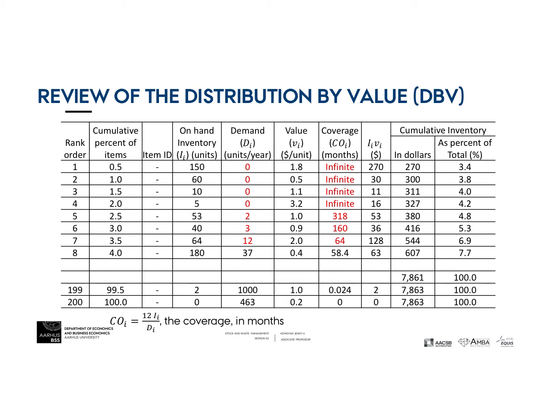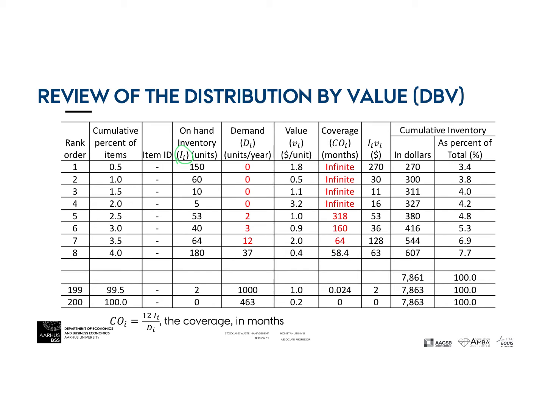Here is a book example with 200 items. In order to review the stock status, we start by collecting the information about the on-hand inventory. Here we call it I, small I. It's the on-hand inventory.